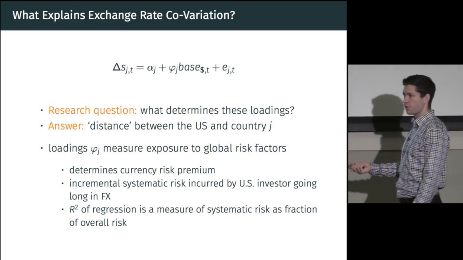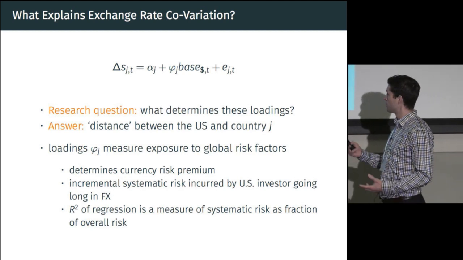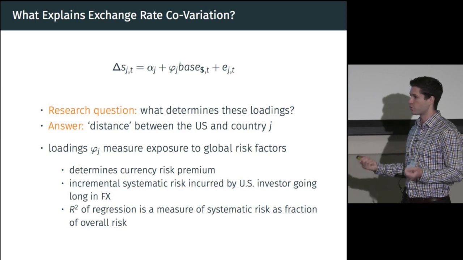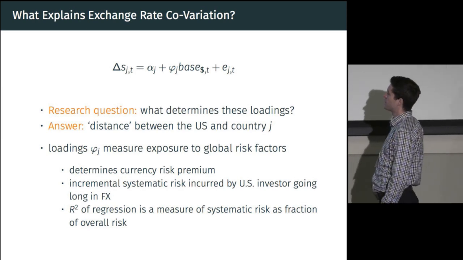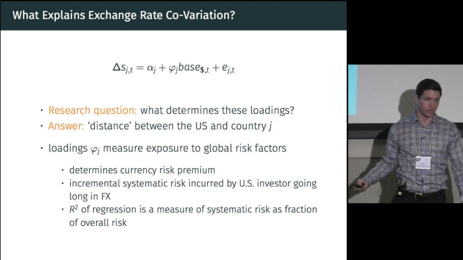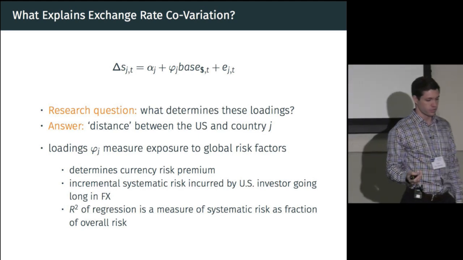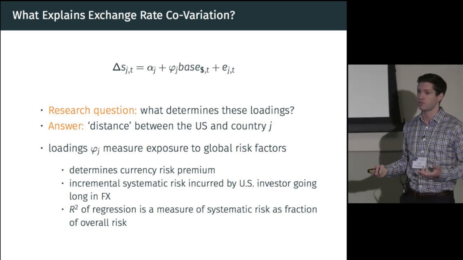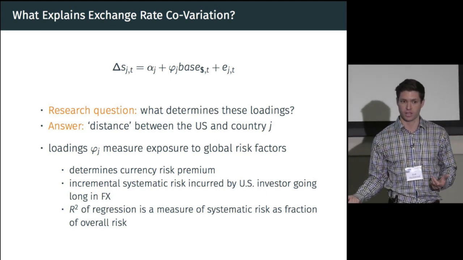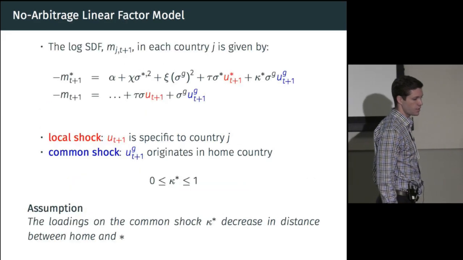Currencies that are more exposed to that systematic move are going to be more exposed to the systematic risk of US dollar moves for those US dollar-based investors. And that also gives us another interpretation from these regressions. The R squared in this regression is just a measure of the systematic risk as a fraction of the overall variation in whatever bilateral exchange rate is on the left-hand side.